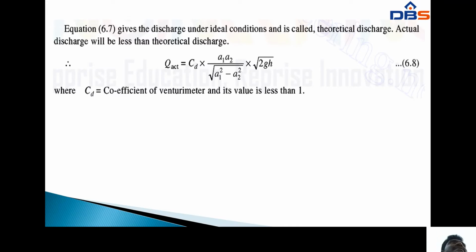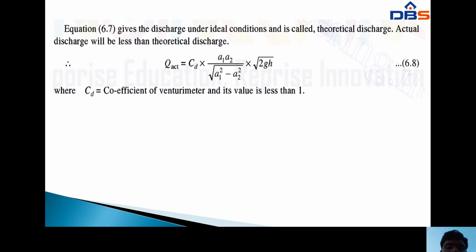Its value is less than 1, between 0.98 and 0.99. This derivation is very important in external examinations and has been asked a number of times in previous question papers.